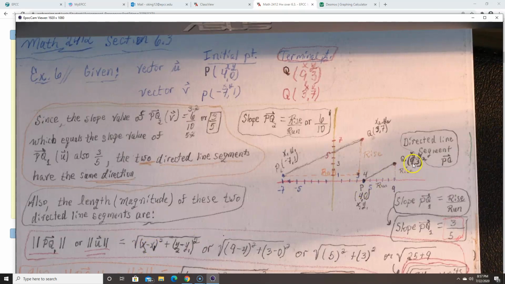We call this one the second because it's the terminal point, and this one the first because it's the initial point. So 9 is the second x value, 4 is the first, and you subtract 9 minus 4. That tells us the horizontal difference between the initial point and the terminal point, how far it is horizontally, which we call the run.